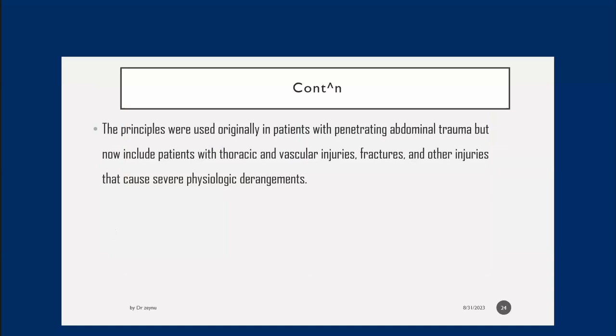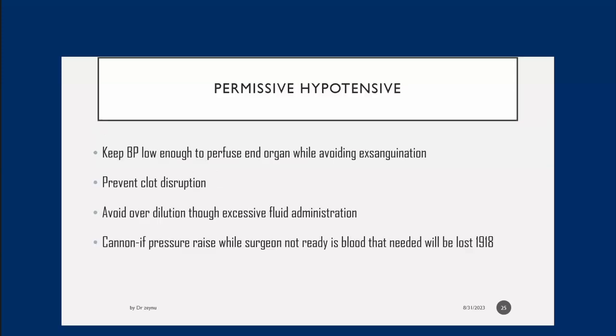The principle was used originally in patients with penetrating abdominal trauma, but nowadays it's extended to thoracic and vascular injuries or other injuries that have severe physiological derangement. And coming to the permissive hypotensive resuscitation principle, it just means keeping the blood pressure low enough to perfuse the end organs while avoiding exsanguination.